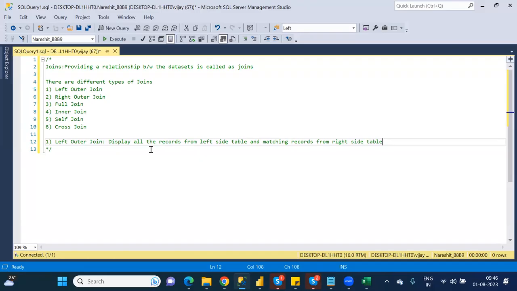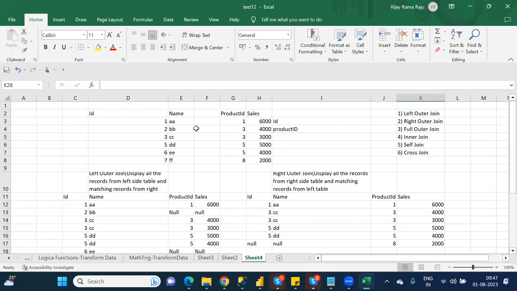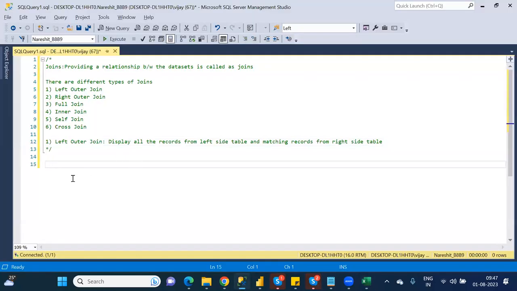Understand or not? So for this one, how can you write it in SQL Server? Suppose first you need to create these related tables and then we can implement it. Understand?